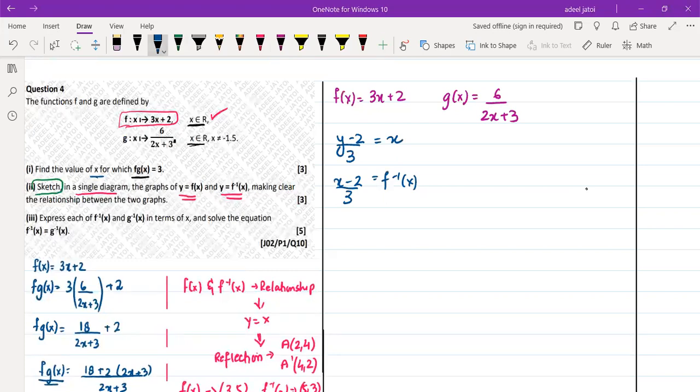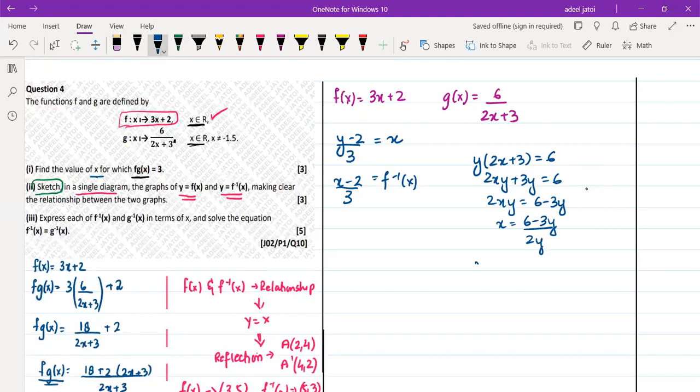For g, this will be y, and then (2x plus 3) should be multiplied is equal to what? 6. 2xy plus 3y is equal to 6. 2xy is equal to 6 minus 3y. x is equal to (6 minus 3y) upon what? Upon 2y. So is x the subject here?